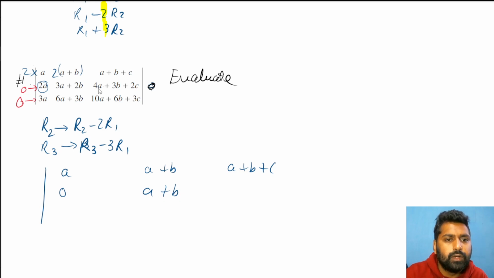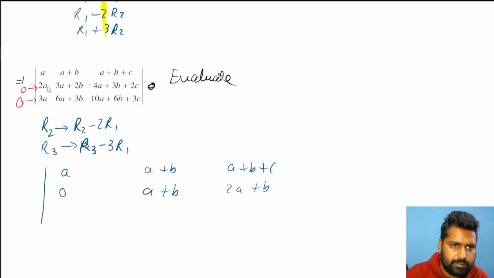Then again multiply with 2 and subtract: 4a minus 2a is 2a, 3b minus b is b, 2c minus 2c is also 0. So that's it.